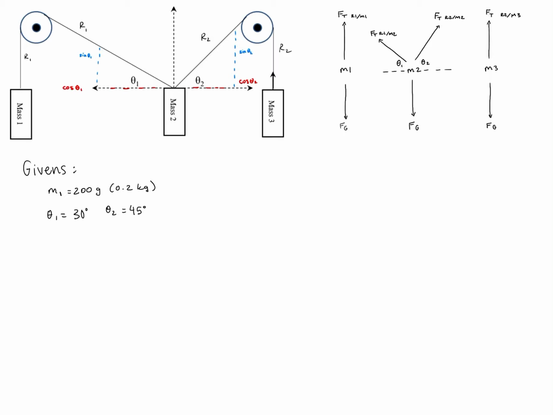But the only difference being that for mass 1, it's being held up by rope 1. So I'll be referring to that as tension 1. And for mass 3, it's being suspended using rope 2. So I'll mostly be referring to that as tension 2.